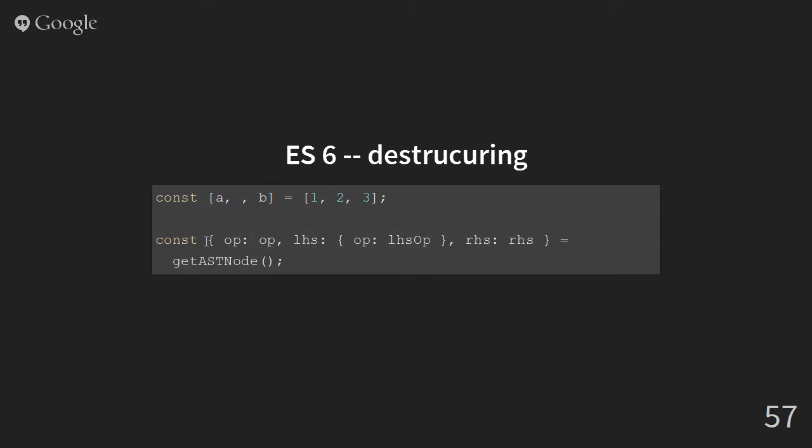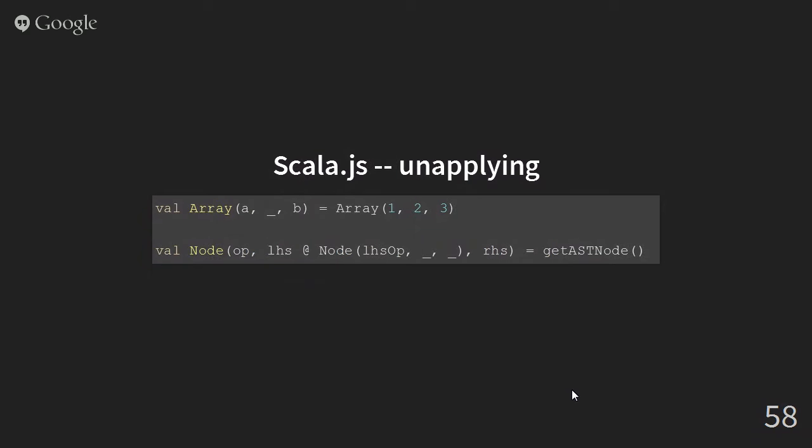And you can do the same thing with objects. So here, this is the name of a field, and this is a new binding. It's a new variable, or a new constant in this case. And in Scala.js, you have mostly the same thing. It's called unapplying in Scala.js, but it's basically the same thing, but it's the typed version.